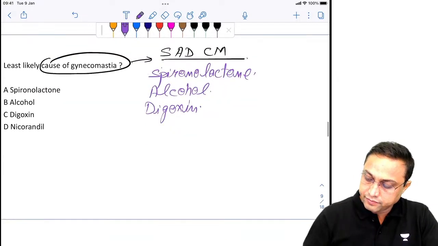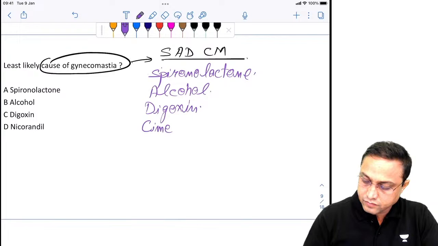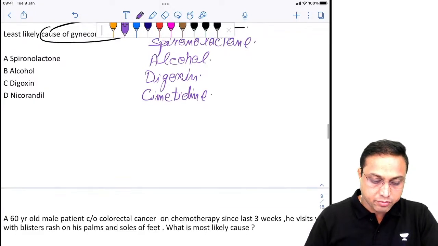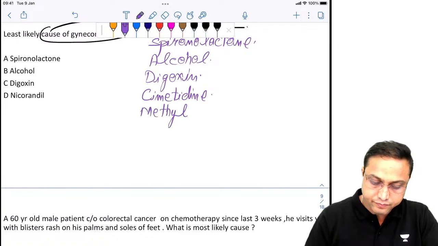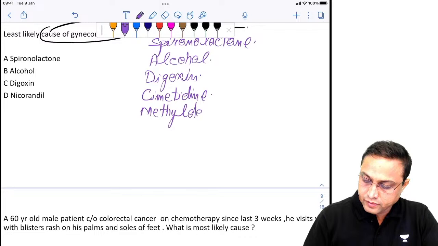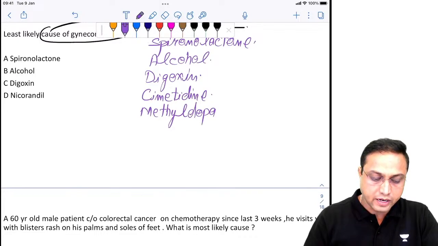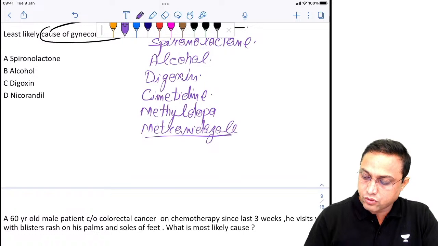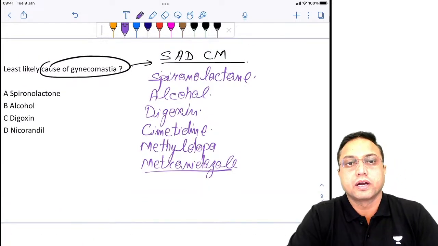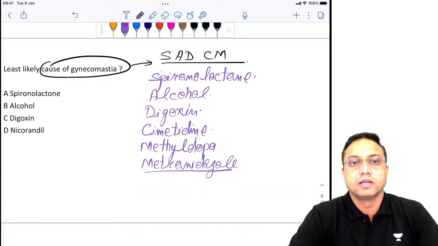C is cimetidine, M is what? Methyldopa, or M is metronidazole. So we have spironolactone, alcohol, digoxin, cimetidine, methyldopa, and metronidazole.